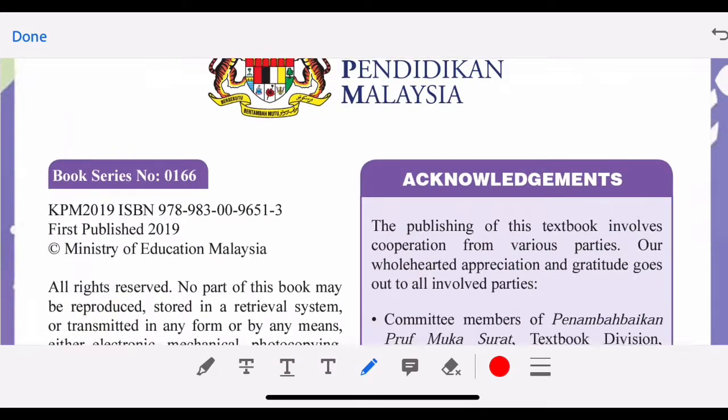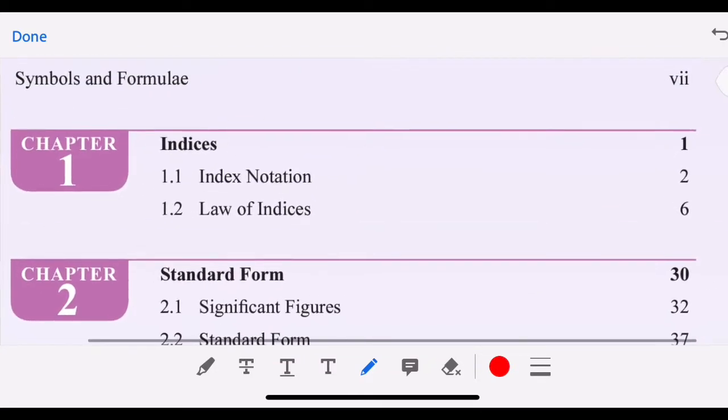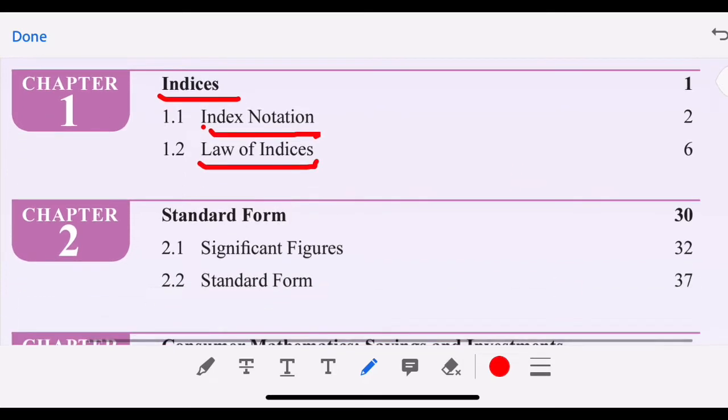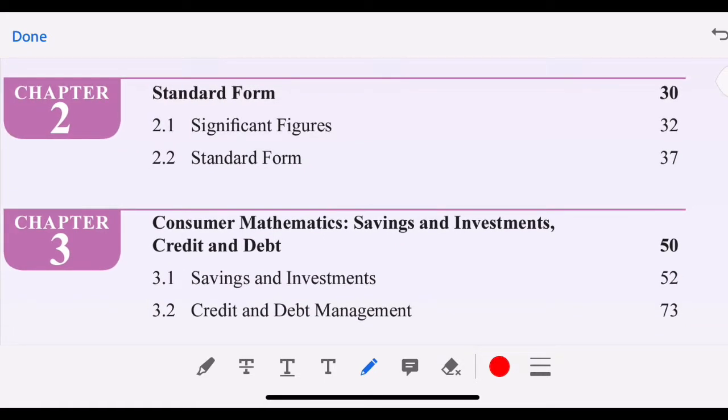Now, first of all, I would like to go through the important topics that you must recall. For Form 3, the first chapter will be indices. So you have to know index notation, law of indices. There are so many laws, so we'll go through later. Chapter 2 will be standard form, significant figures and standard form.